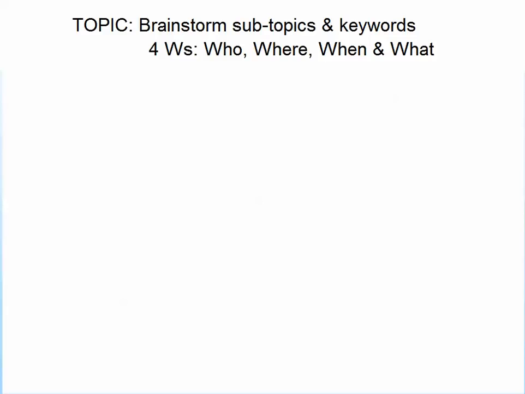And one easy way to think about this brainstorming process is to ask yourself what we call the 4 W's about your topic, and that is who's involved, where geographically am I talking about or focusing in on, when in time am I looking at this topic, and then the large one is what sort of disciplinary lens am I looking at this topic through.